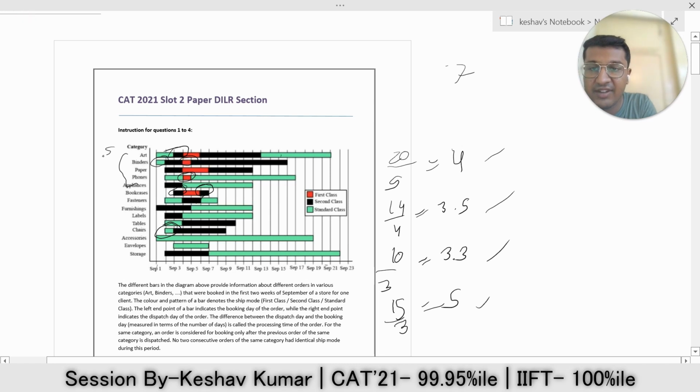In arts, there are 5, 4, 3, 3, 2, 3, 3, 2, 2, 2, 2, 1, 1, and 2. So the total of that is 2, 4, 6, 8, 8, 10, 12, 15, 18, 20, 23, 26, 30, and 35.